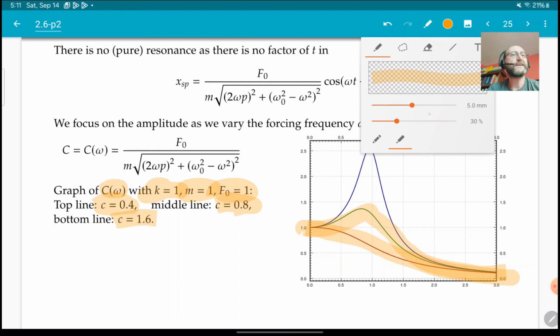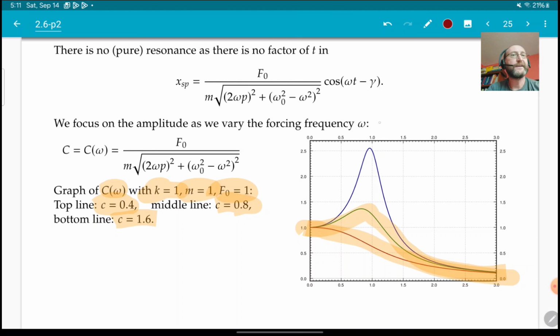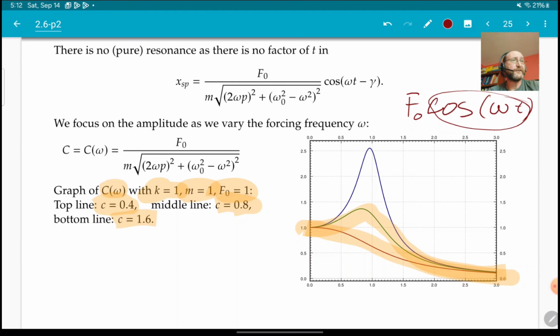Let me write this down. So my forcing was f0 cosine of omega t, right? So if this omega is 0, then this just becomes 1. So it's just a force acting. It's not periodic.